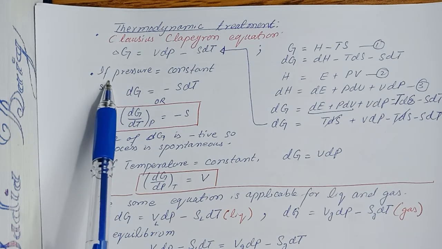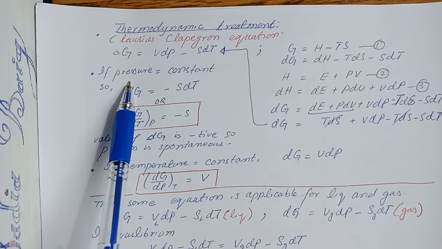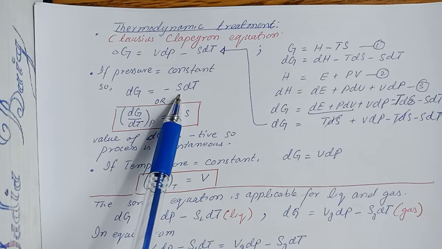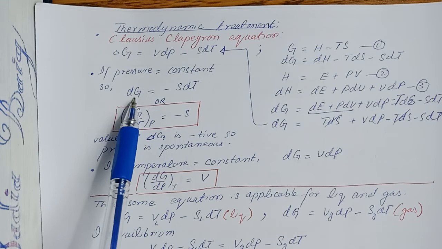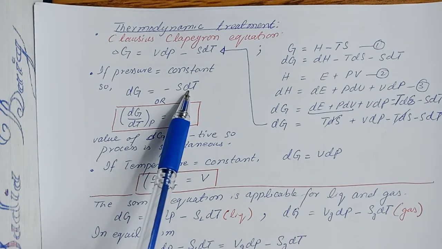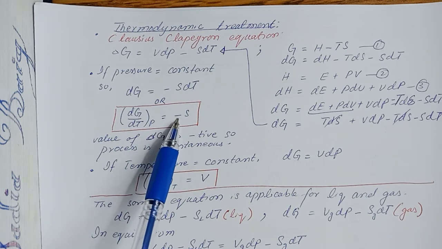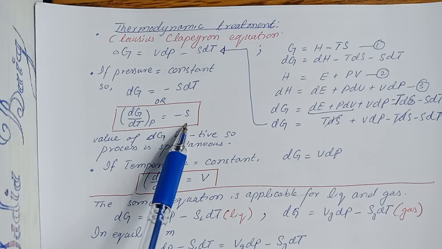So for example, if we keep the pressure of the substance at constant value, then the Gibbs free energy change will be equal to the term minus S delta T, or we can say that the change of Gibbs free energy with respect to temperature at constant pressure is equal to the negative of the entropy of the substance.